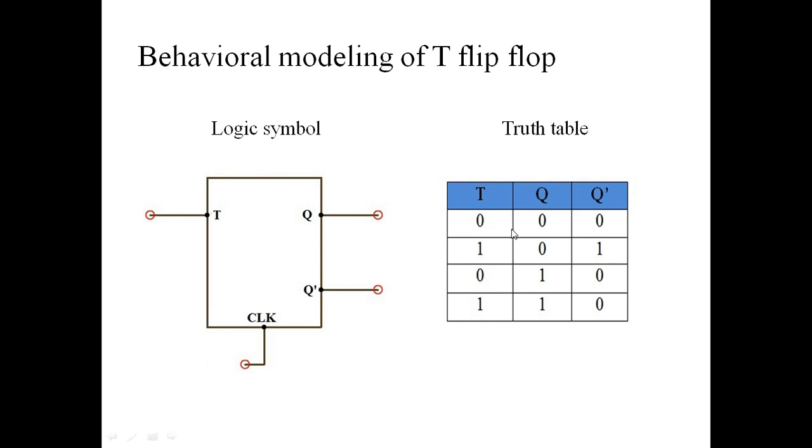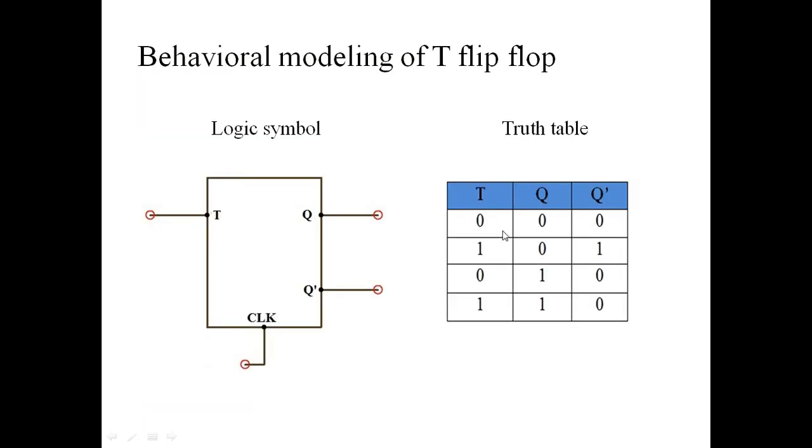Okay, when T is equal to 0, that is when the T input is low, then the next state of the T flip-flop is same as the present state, that is holds the current state.